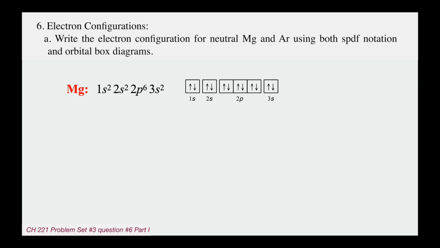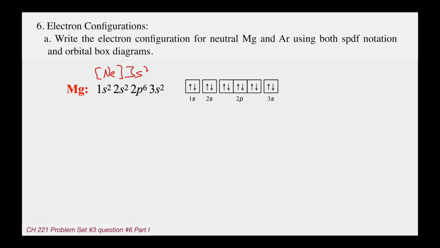P's, regardless of the number in front of them, will always hold 6, D's will hold 10, etc. So magnesium would be a 1s2, 2s2, 2p6, 3s2 electron configuration. And that's the SPDF notation or spectroscopic notation. If you wanted to call this neon in brackets, 3s2, you could.